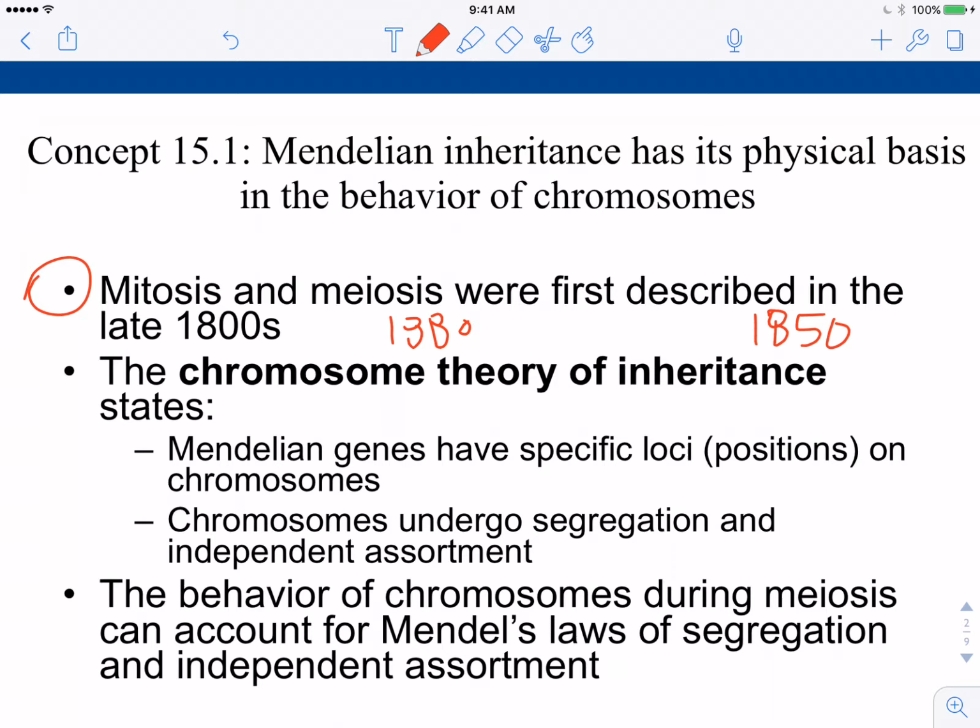According to the chromosome theory of inheritance, genes that follow Mendelian genetics have specific loci, positions on chromosomes. And chromosomes, as they move through meiosis, undergo segregation and independent assortment, which agreed with Mendel's laws of segregation and independent assortment. So I kind of put it all together.